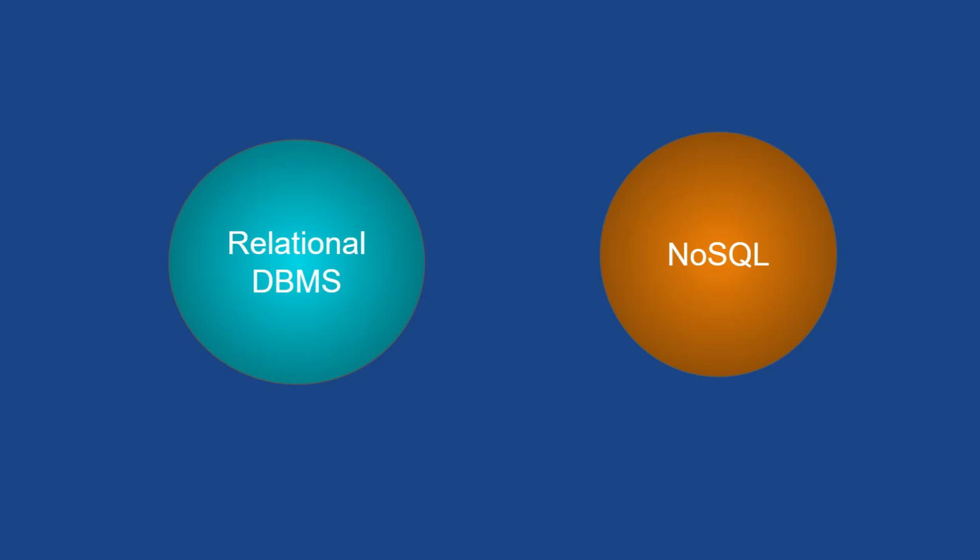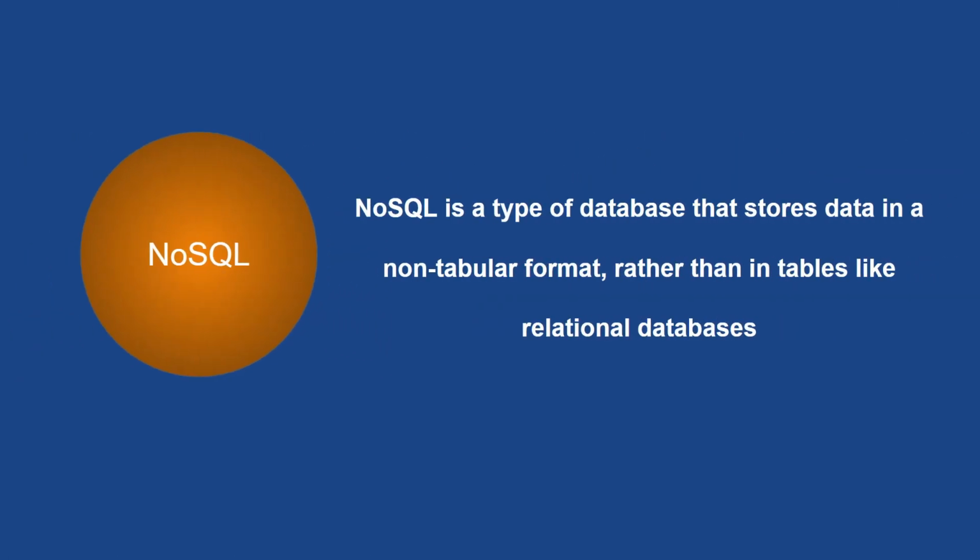Now you heard about relational database management system. There is also another database management system which is called NoSQL. NoSQL is a type of database that stores data in a non-tabular format, rather than in tables like a relational database management system.